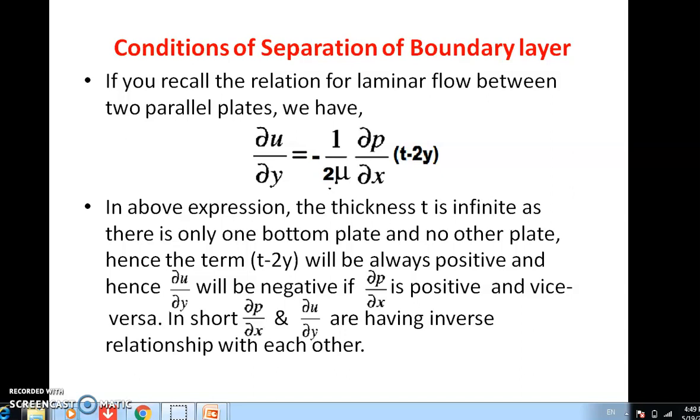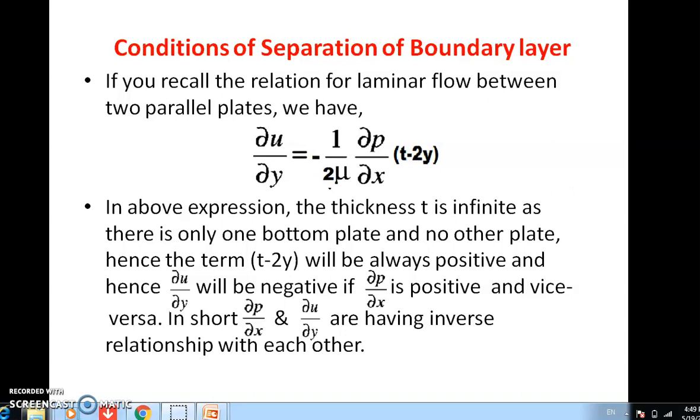Why am I telling this? Because the conditions for separation of the boundary layer are more related to the velocity variation than to the pressure gradient or pressure variation, because we have seen the velocity profile and we know the equation for velocity.